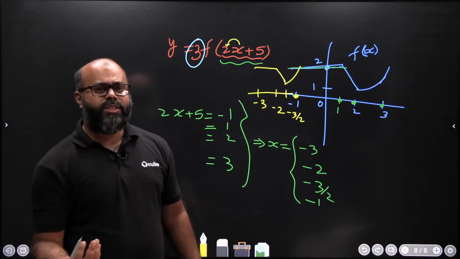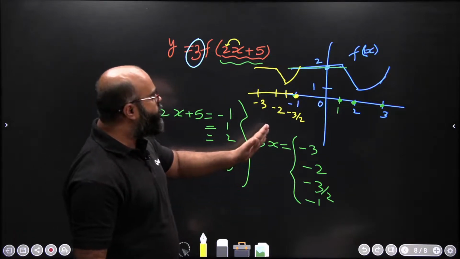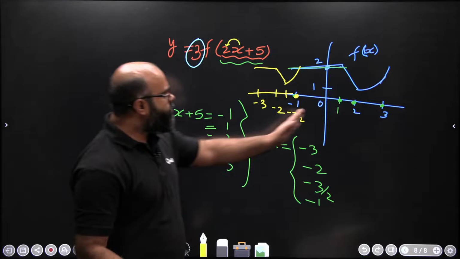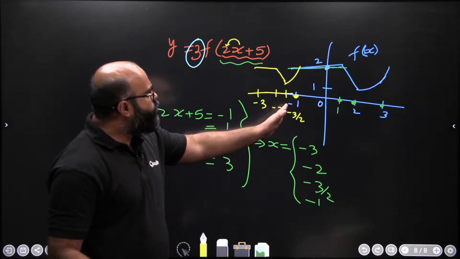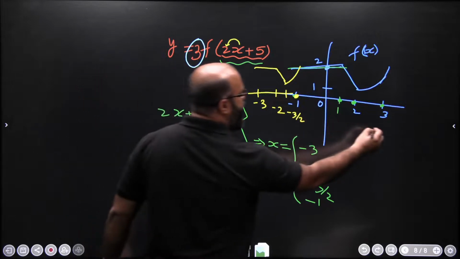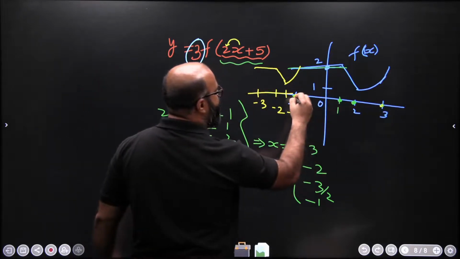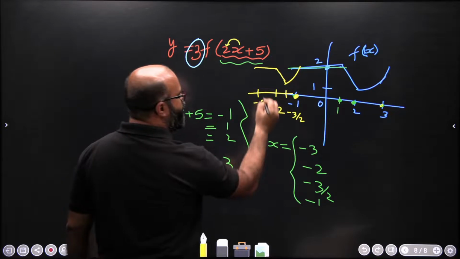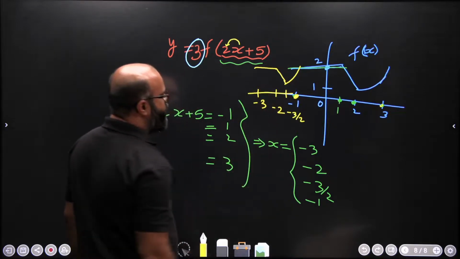By how many units? As you can see, it has shifted left by 4 units. As you see here, the point 3 has come to minus 1, and the point minus 1 has come to minus 3.